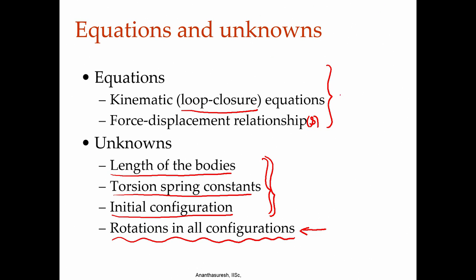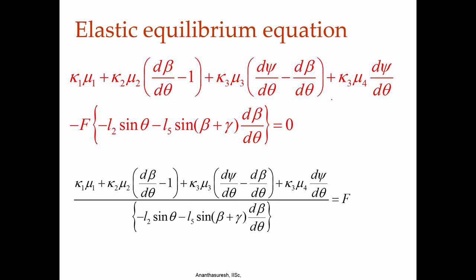So, the first one is kinematic equation. The second one is elastostatic equation, which is the equilibrium equation or force displacement relationship. On the right hand side we have the force, and on the left hand side we have rotation, which is the displacement here.